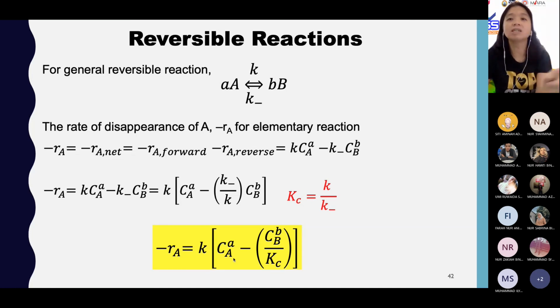So Ca to the power alpha. If there were a reactant B, you would have Cb to the power beta, but that is for later.